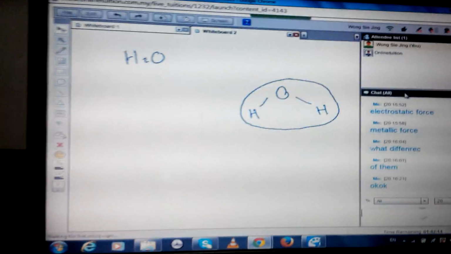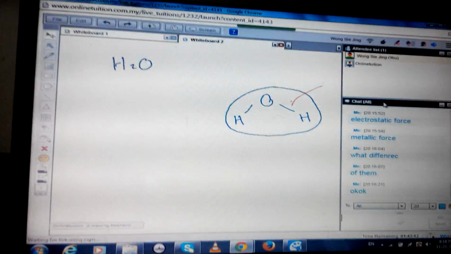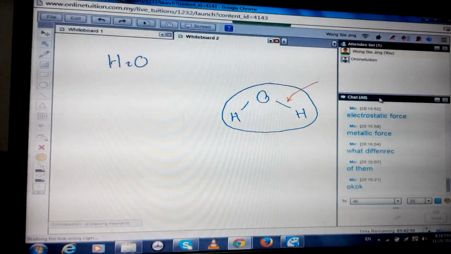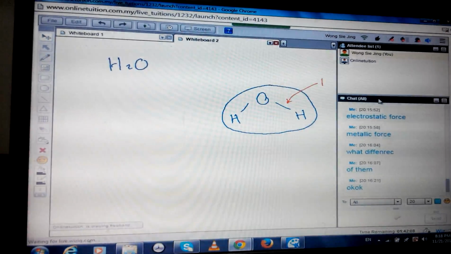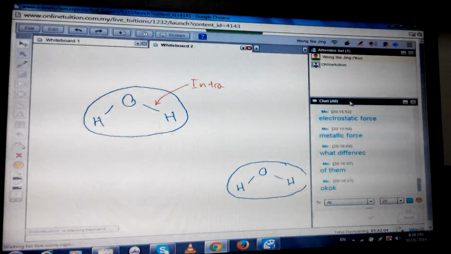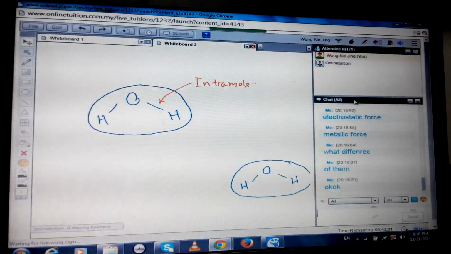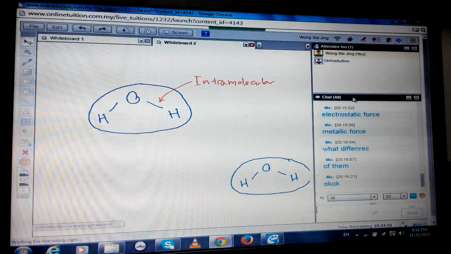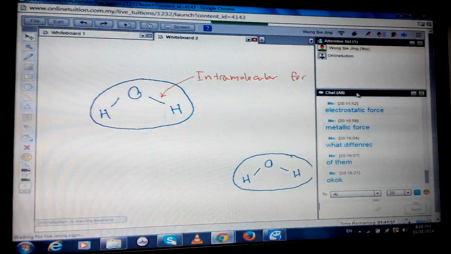Force. Okay, so this force, this bond, is a chemical bond, and it's also an intramolecular force.